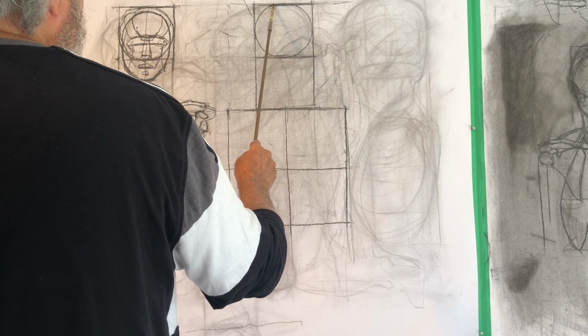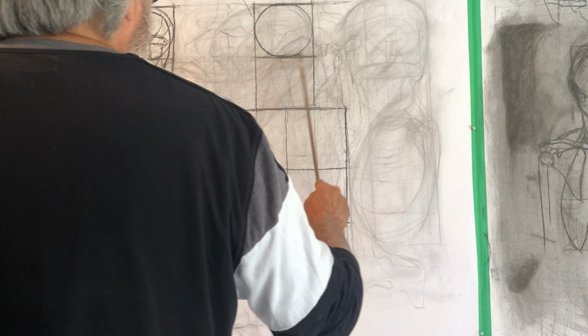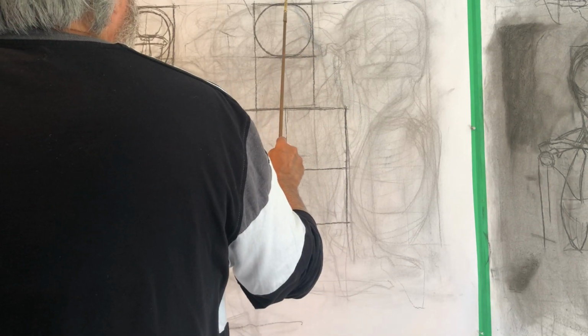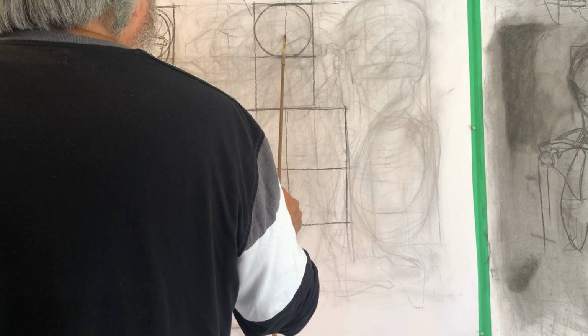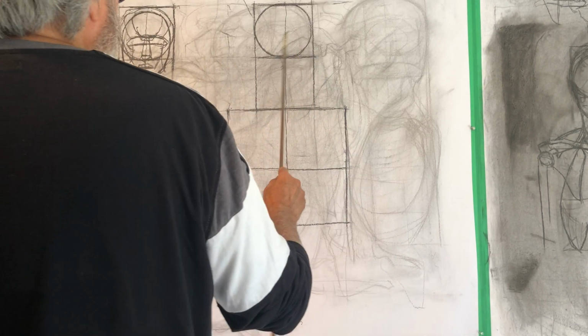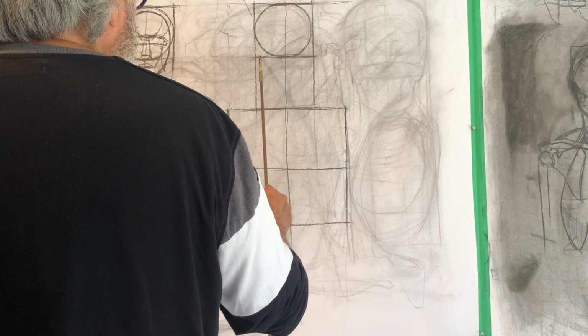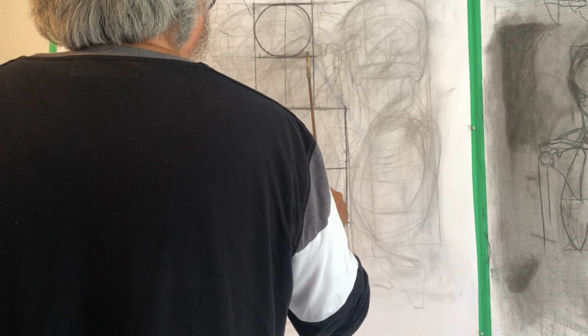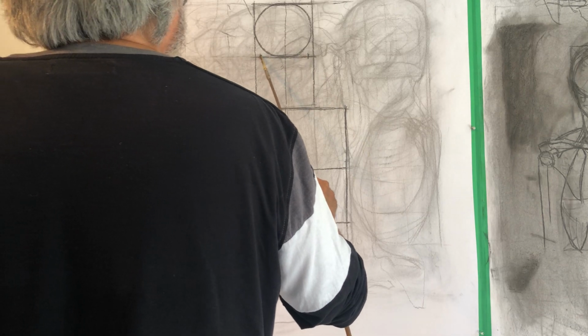So we start off with our circle. Find your center. Remember, with the back of the cranium, we're just going to walk through this real quickly. This became a straight line.